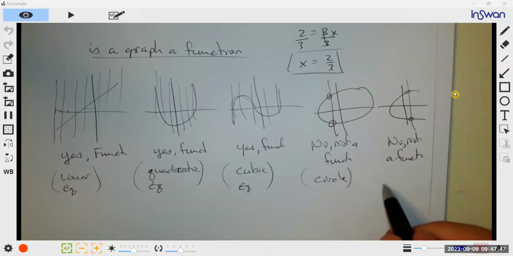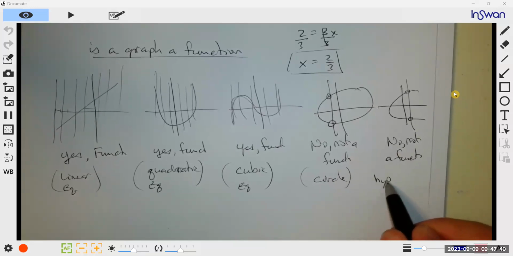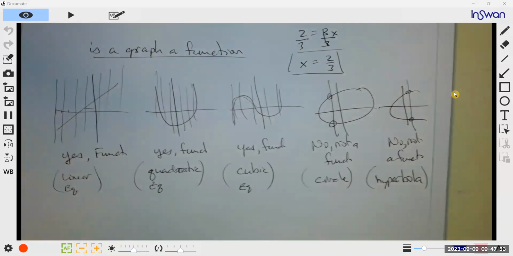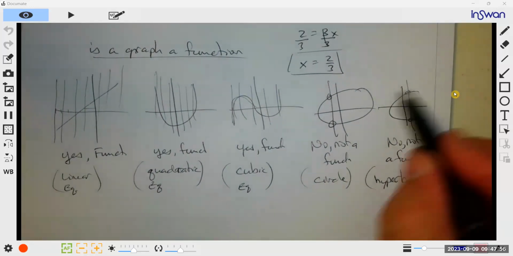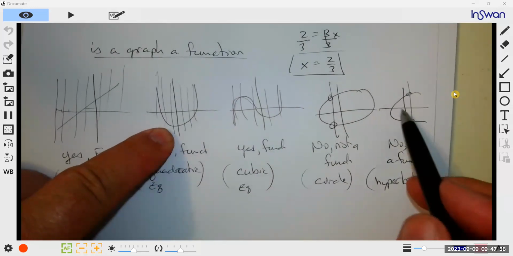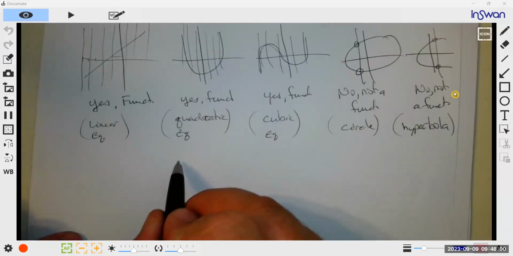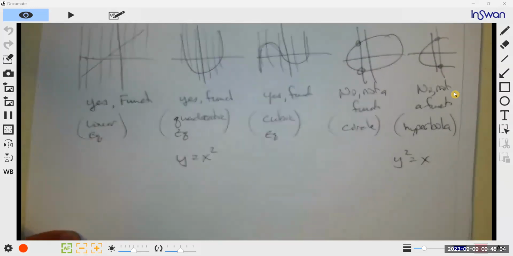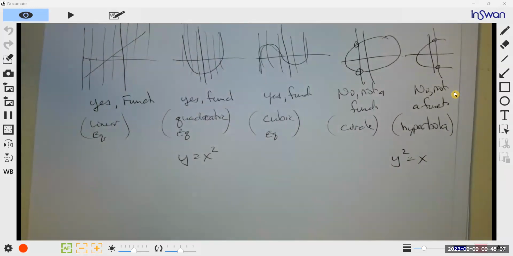A circle. Hyperbola. It goes that way. It's the same as this, but it goes that way. This equation looks like this. This equation looks like this. So that's the difference.